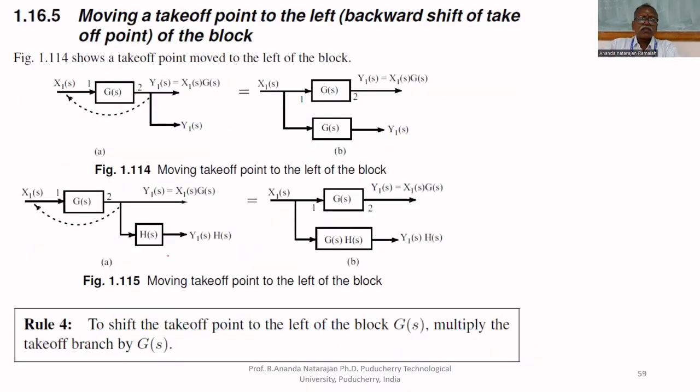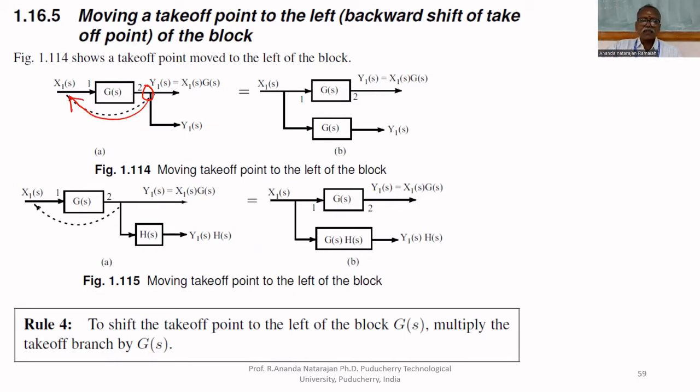Suppose you want to shift the takeoff point to the left. Earlier, we shifted to the right. Here, we want to shift back. Backward shift; there we did the forward shift. Here, I want to shift the takeaway signal from here to here.